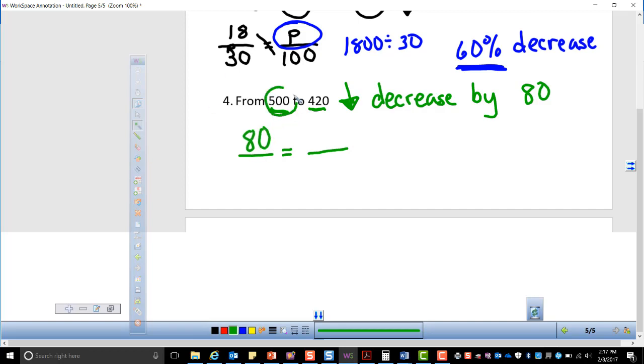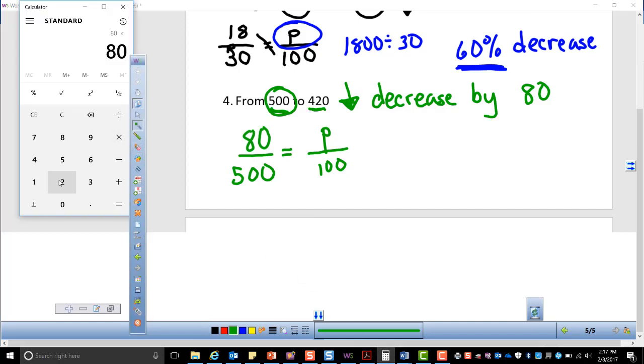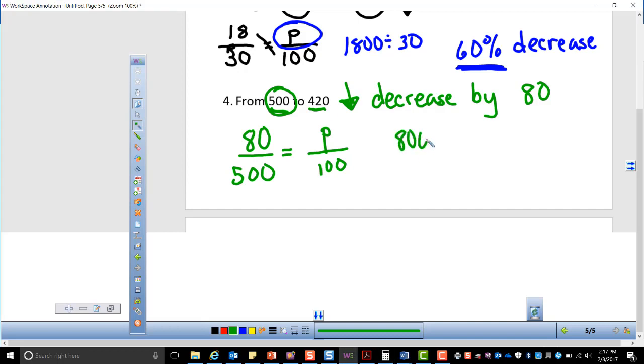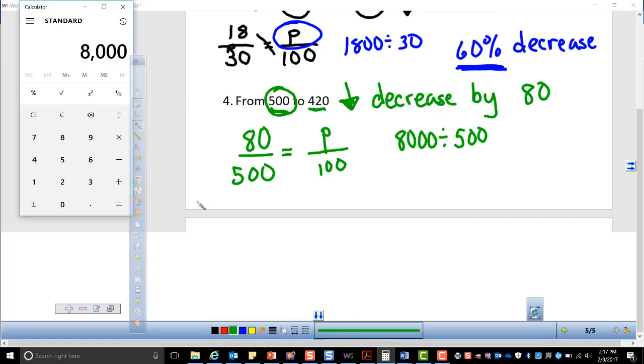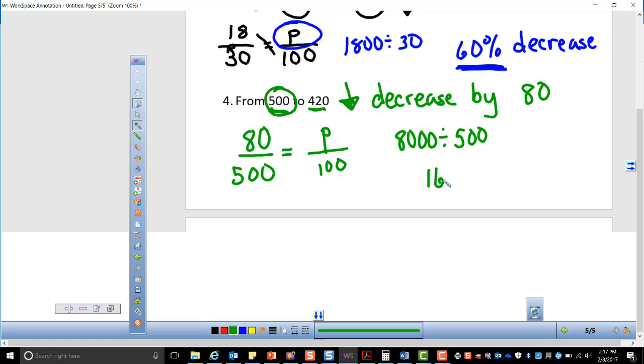The original is the first number, so 500 equals P over 100. Get out our calculator. 80 times 100 is 8,000, divided by 500. So 500 divided into 8,000 is 16%. It's a percent, so you need the symbol. Decrease. So it went down by 16%.